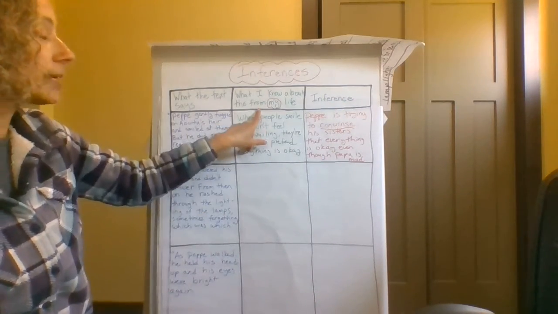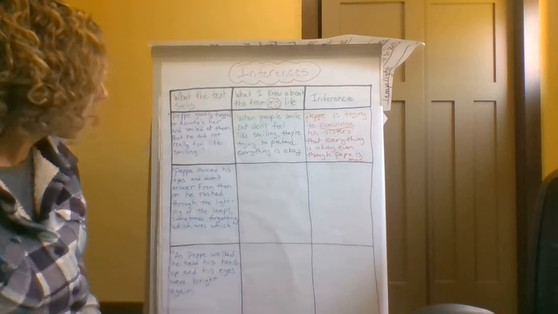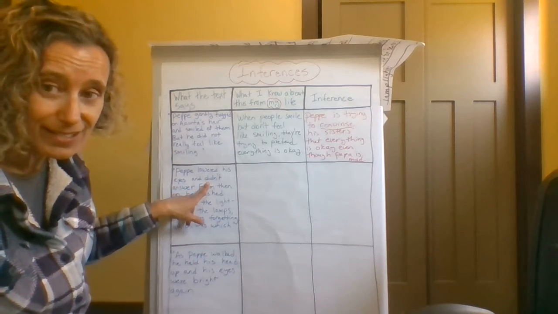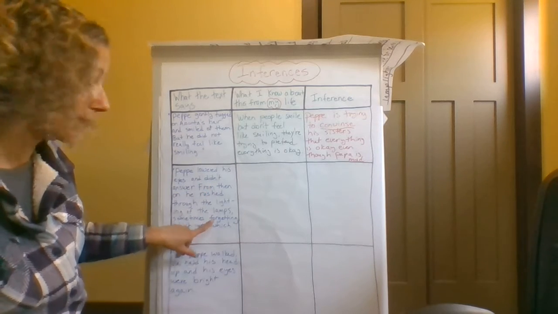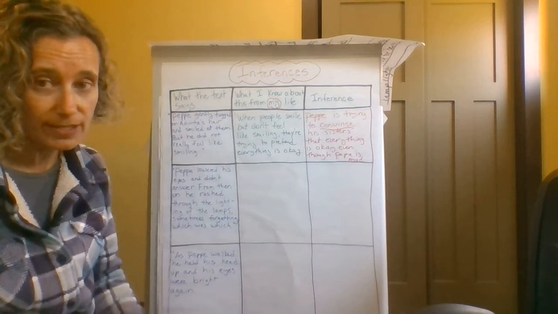Okay, great. So, what I know about this from my own life? Well, I know that when people lower their eyes and people sometimes forget things, that they could be upset.